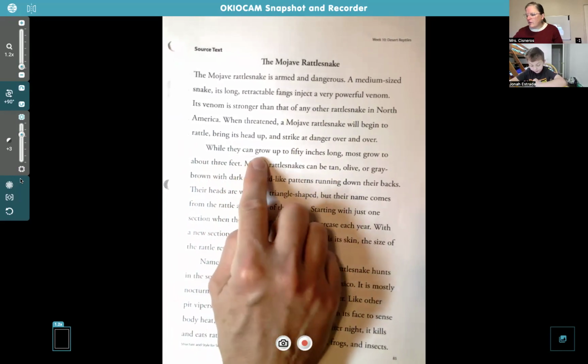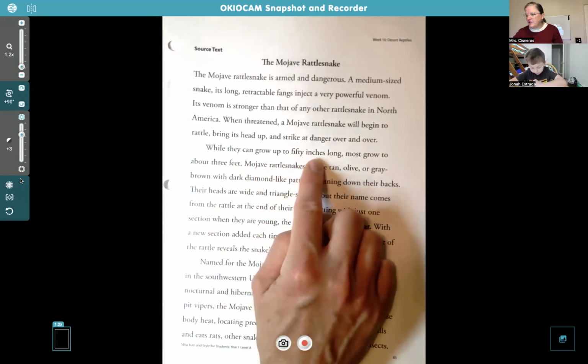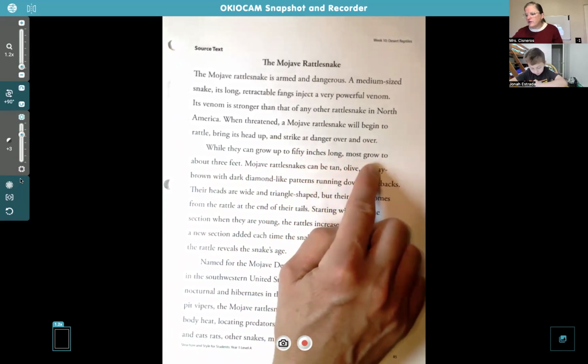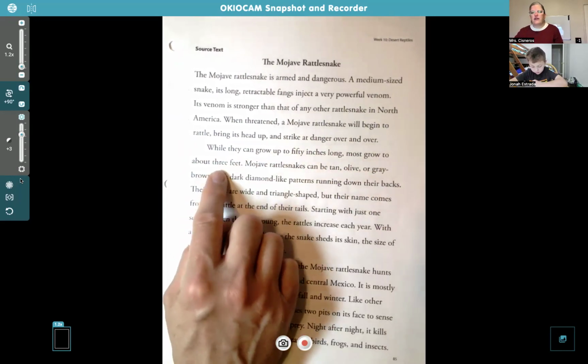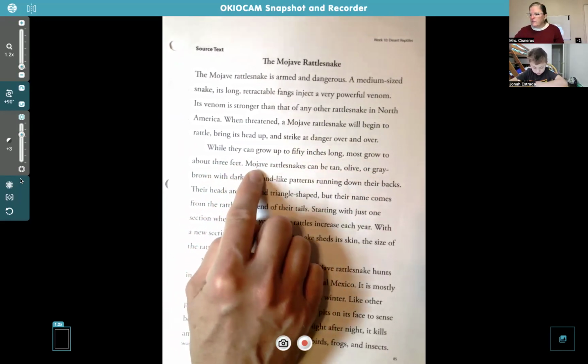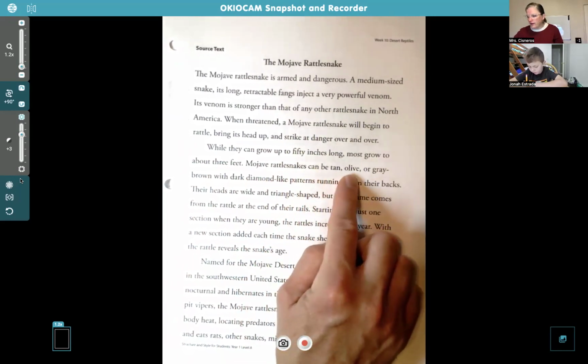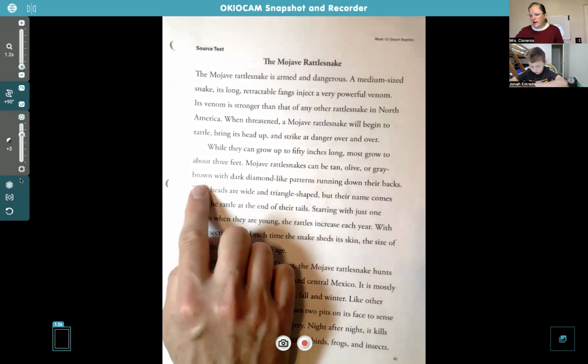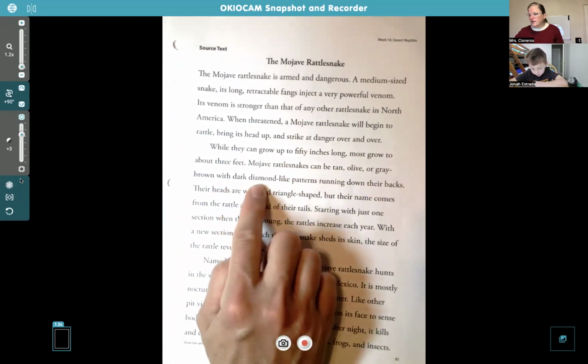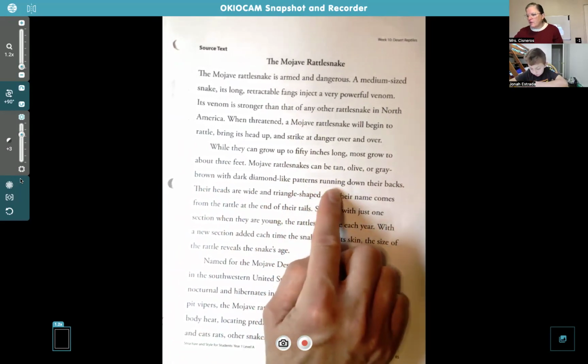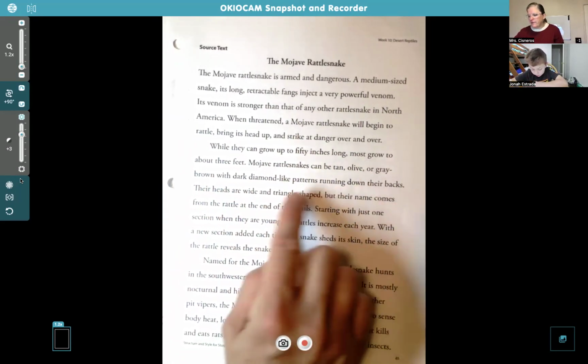While they can grow up to 50 inches long, most grow to about 3 feet. Mojave rattlesnakes can be tan, olive, or gray brown with dark diamond-like patterns running down their backs.